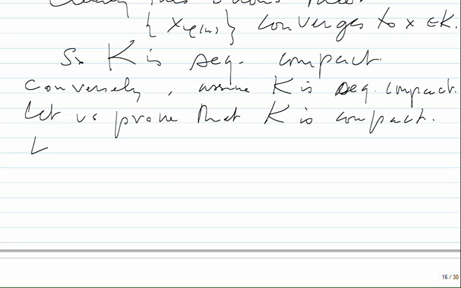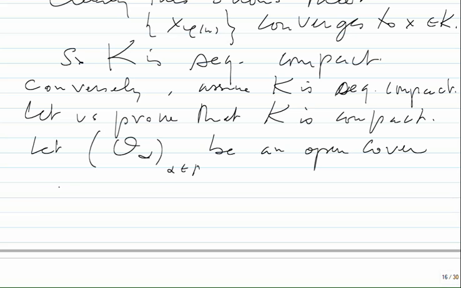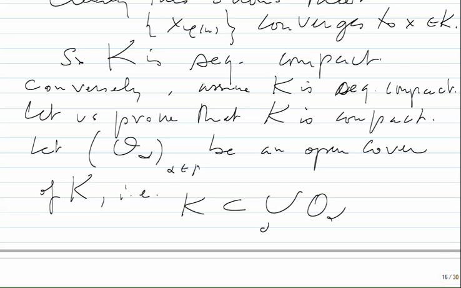Let O alpha be an open cover of K. K is in the union, and O alpha is open for any alpha in gamma.